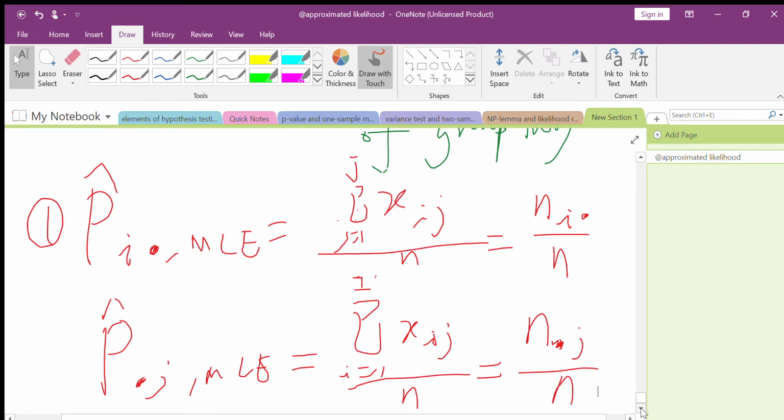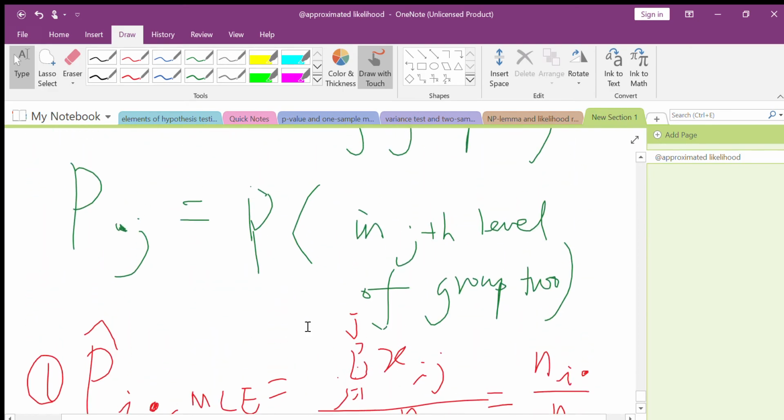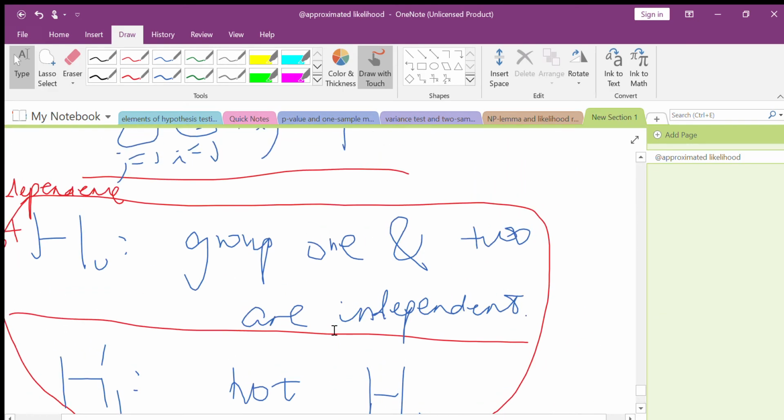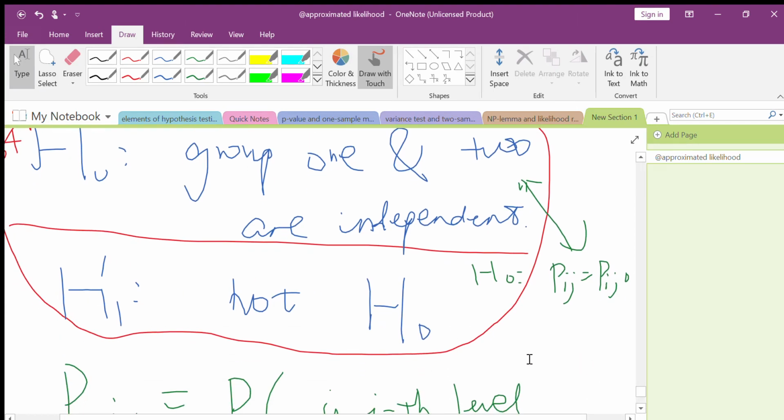So by using the principle of maximum likelihood estimation, we need to translate this original hypothesis to a hypothesis like pij equals pij 0. Then we can apply the chi-square test statistic.